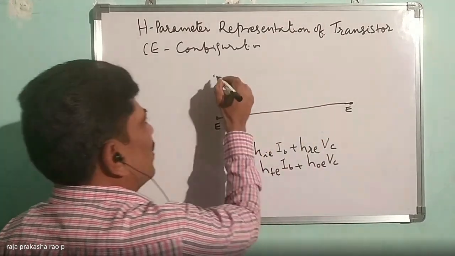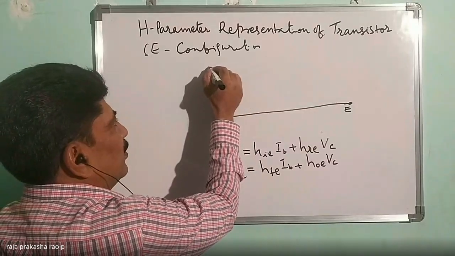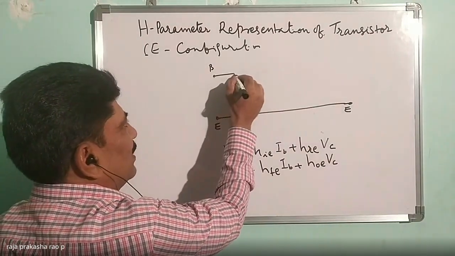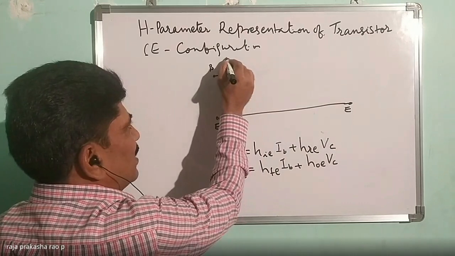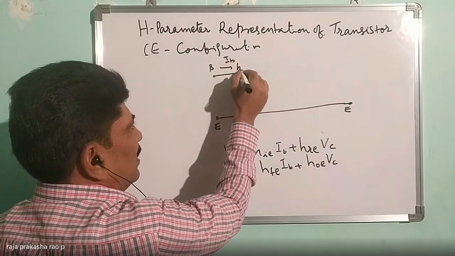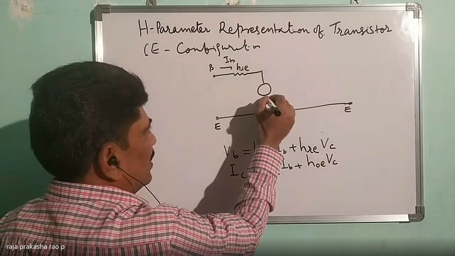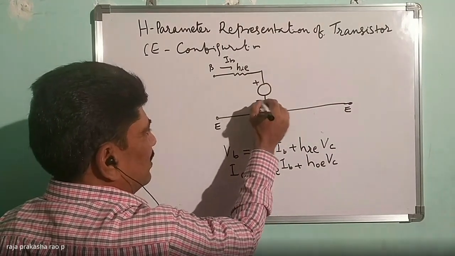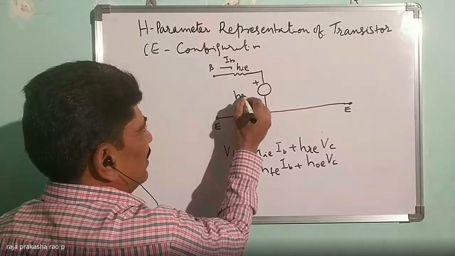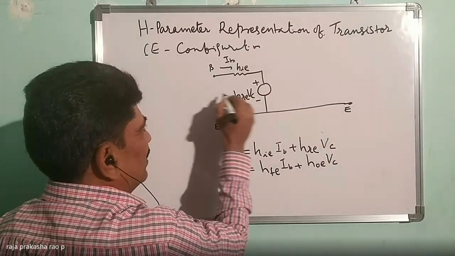E is common. From terminal B, current IB flows like this. It passes through hie and encounters a voltage generator, hre VC.